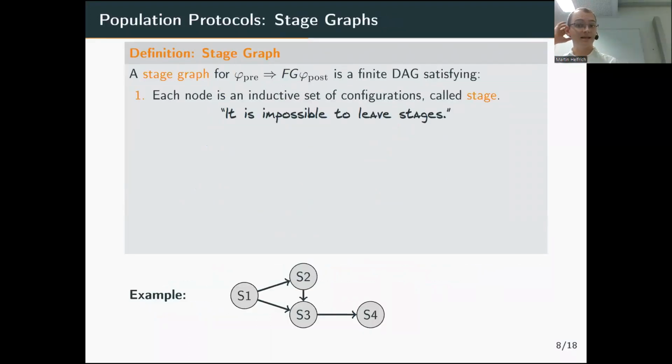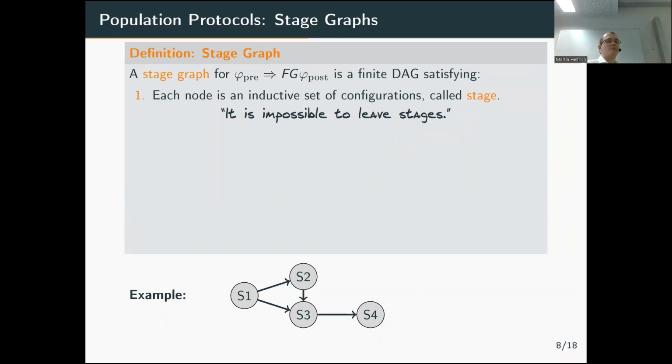Let's understand stage graphs. So a stage graph tries to prove a property. For example, one of the properties you saw before: if there were more bluebirds than redbirds, then eventually there are no more redbirds forever. And a stage graph is, first of all, just a graph, right? We have nodes and edges. It's a directed acyclic graph. And these nodes, we call them stages.